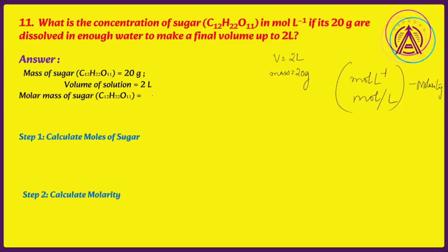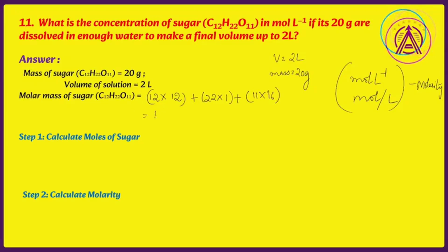So molar mass will be how much? It will be nothing but 12 into 12, which is mass of carbon, plus 22 into 1, plus 11 into 16. So I get 144 plus 22 plus 176, which is nothing but 342 grams per mole.